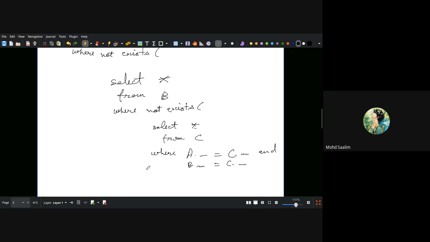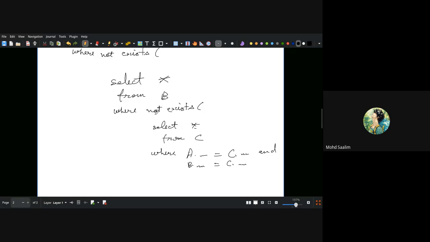If we take the example of students and courses, we are saying: find all such rows from C where there is a matching between A and B. There is a relationship between A and B, but C itself is a relationship set, right? So this select star will return all the rows of the relationship where there is a matching.